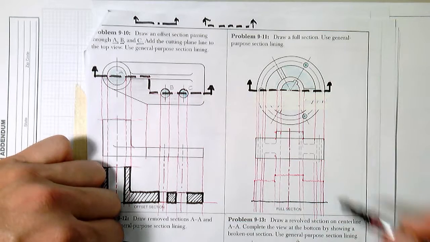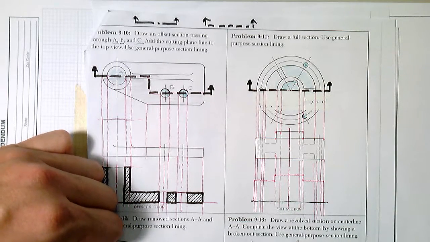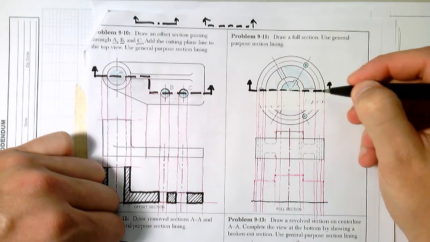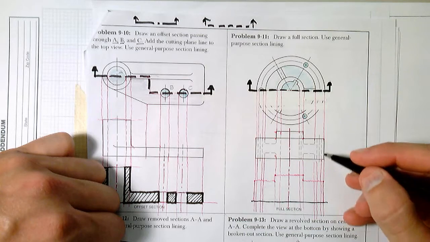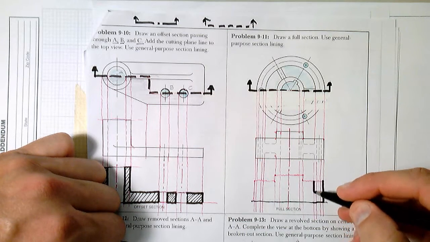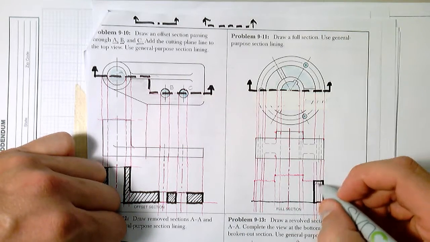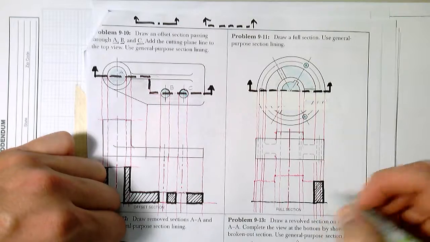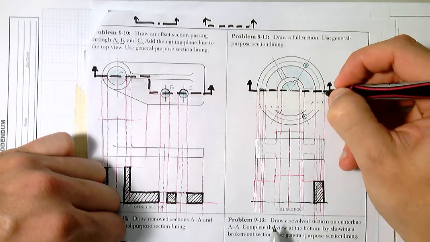Now we need to fill in all that stuff that we're cutting through. So we're going to start drawing those cut lines. The first thing we're cutting through is this metal right here, and that metal is 100% thick, so this entire portion right here is going to be hatched and cut through, because we're cutting through all this area right there.